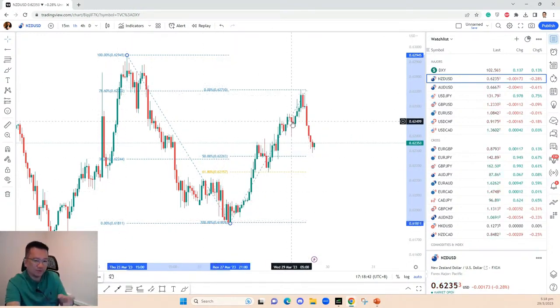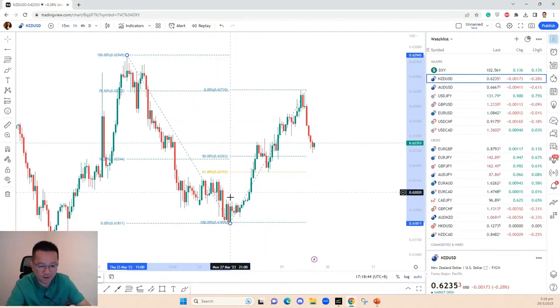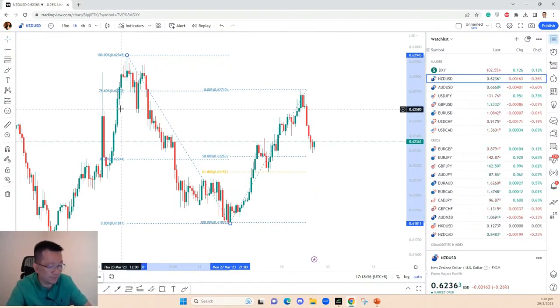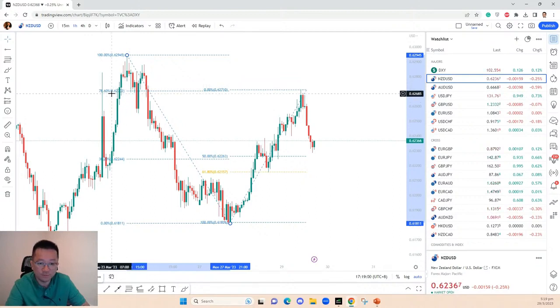Sometimes you don't notice it until you draw that out and you go, why did price come up to this 0.6271 level and then start turning back down, right? I'm not saying that it is 100% on this, but it could also be because of that 78.6 level. It hit 78.6 at 6270, failed to break higher, and started trading back down.